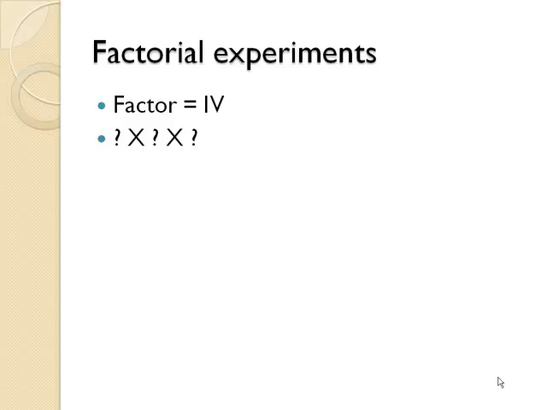And if you have a 3, that's 3 levels. So you could be looking at no therapy versus CBT versus client-centered therapy, right? That would be a 3, 1 factor, 1 independent variable with 3 levels. So each number tells you the number of levels of an independent variable.